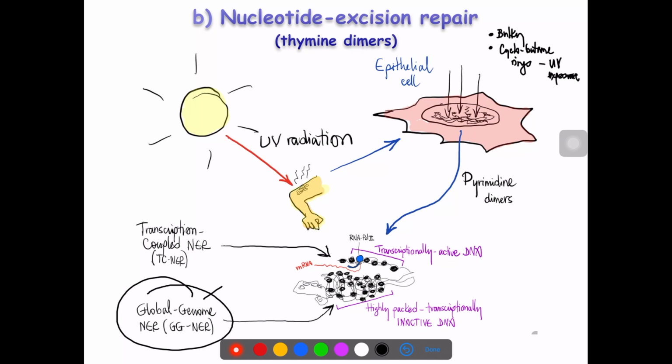So global genome nucleotide excision repair is used to repair DNA damage in regions that are not transcriptionally active.